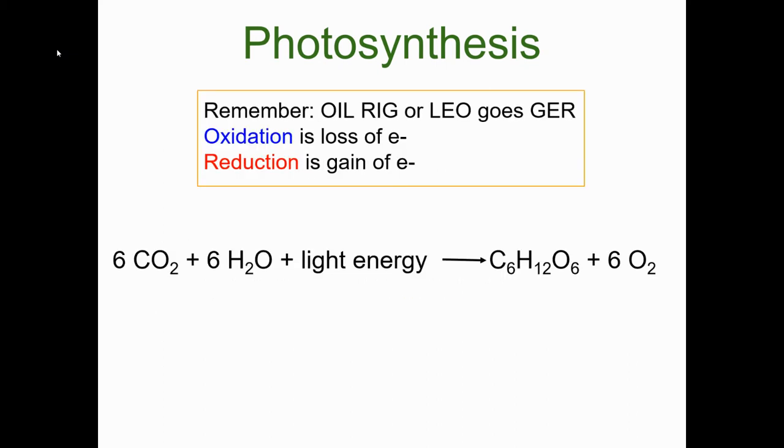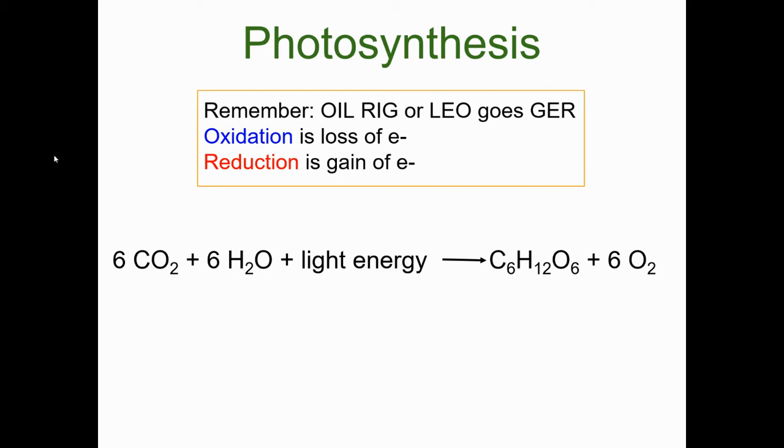So remember, in terms of redox reactions, we have two things happening. I said it was a process of transferring electrons. In redox reactions, we can have oxidation or reduction, right?